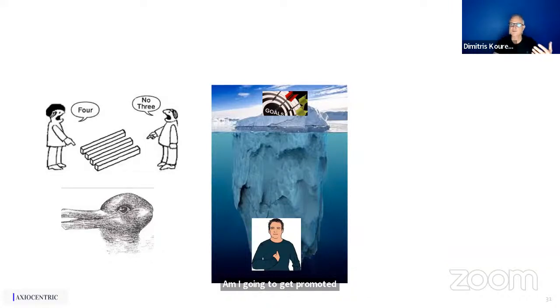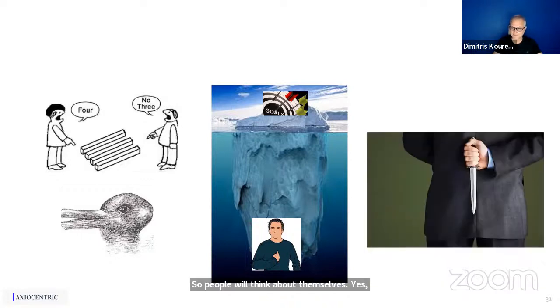Major transformation usually is connected with major restructuring or reorganization. So people will think about themselves first, rather than what you say about the company.